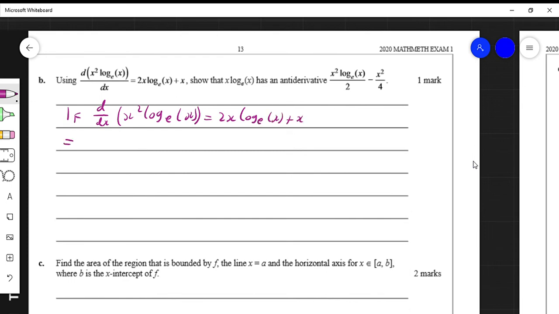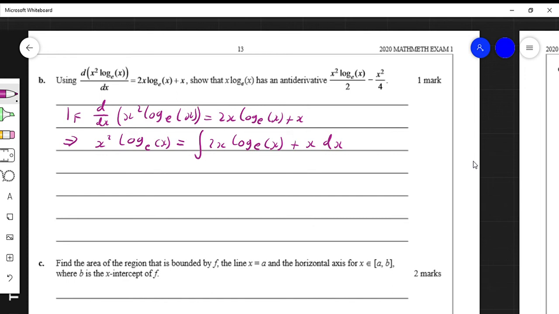This means that if we use our integration knowledge, we can integrate this one to give us, we can just integrate both sides, I guess, is what I'm saying here, to give us this. So x squared log e equals the integral of 2x log e plus x dx.